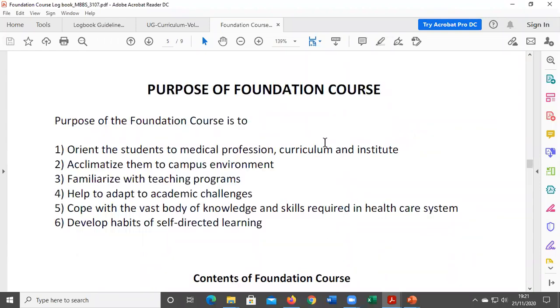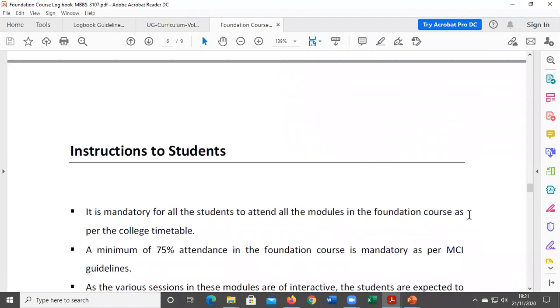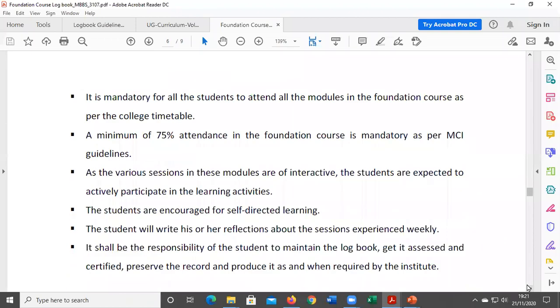And then there was a page giving the purpose of the foundation course, then the various modules of the foundation course as listed in the CISP document at that time, and then a few general instructions to the students regarding the attendance criteria, the mandate to attend all modules, encouragement of self-directed learning, writing reflections, and the responsibility of the student to maintain the logbook.